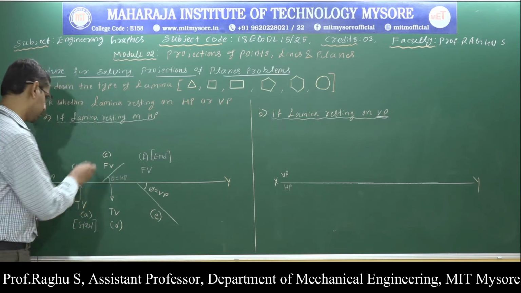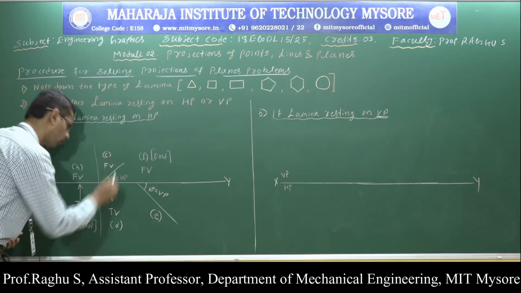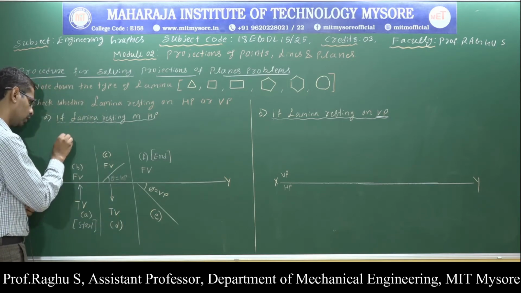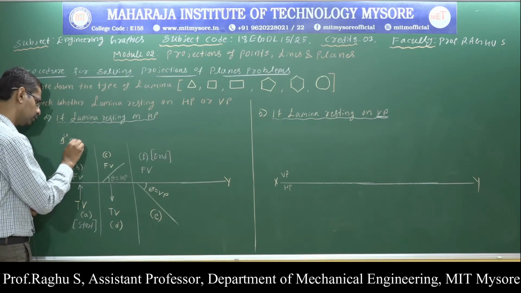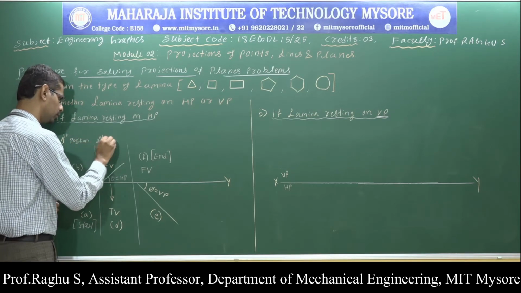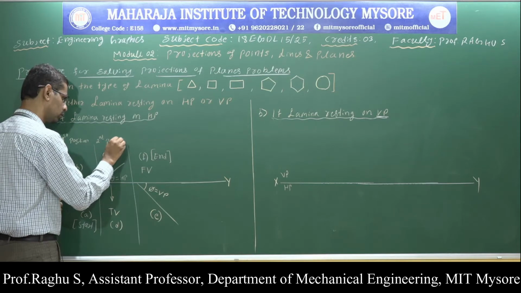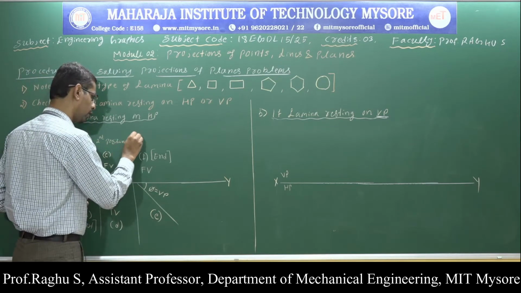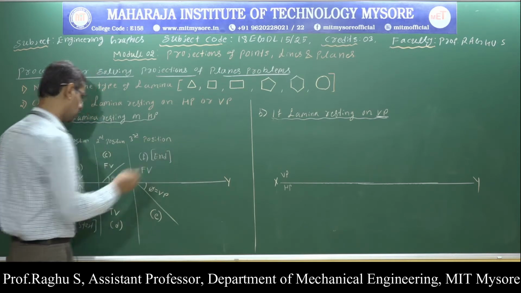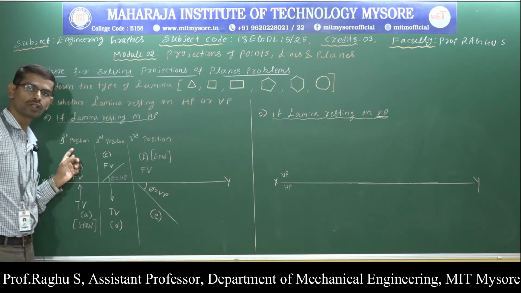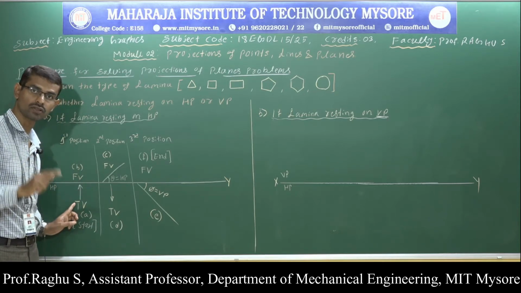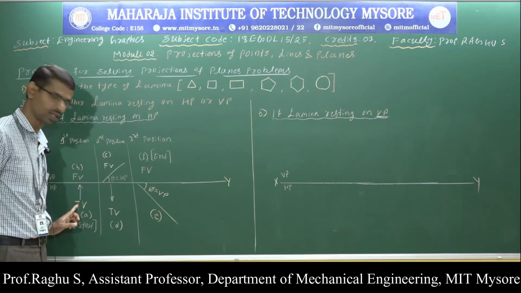Okay, here. This is the first position, this one the second position, and this one the third position. In order to draw the first position, I need the edge resting condition or corner resting condition.